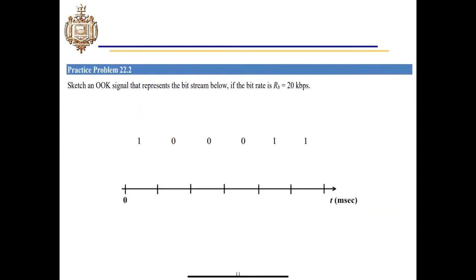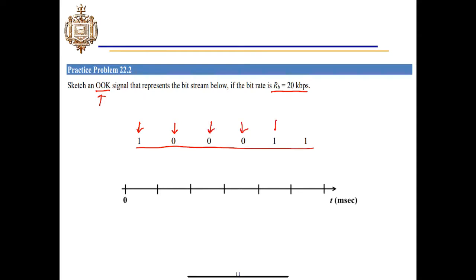We're going to sketch the on-off keying signal that represents the bit stream below. So here's a bit stream of 1s and 0s. The bit rate is 20,000 bits per second. The scheme here is we're going to have some kind of amplitude to represent a 1, and then since we're doing on-off keying, we turn off, so no voltage at all for these 0s.